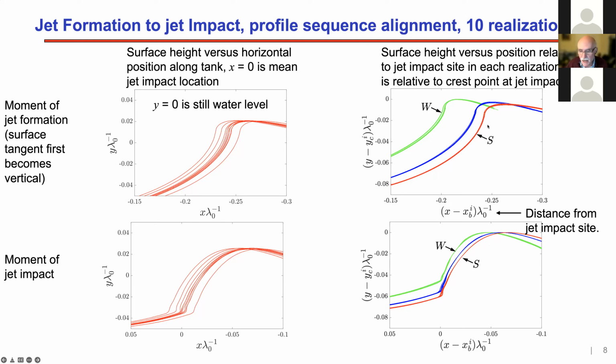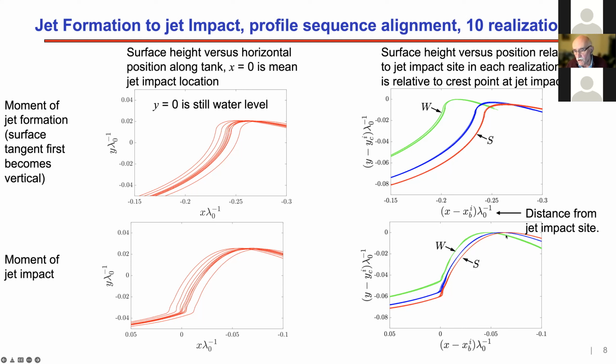So this kind of alignment seems to bring the profiles together quite well. After this time, all the distances and times are shown as x minus xib. I won't bother to explain the subscript and the superscript, but this is the distance from the point where the jet hits the water surface.